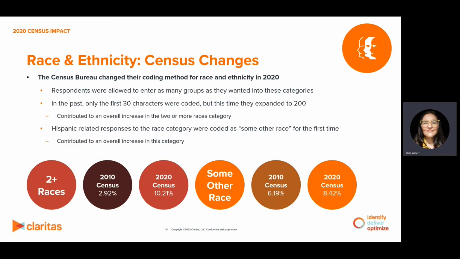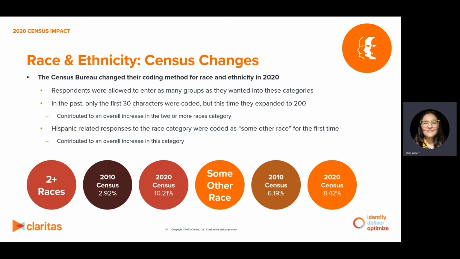So now let's talk about the race and ethnicity changes that the census implemented this year. They actually changed their coding method for race and ethnicity in 2020. Respondents were allowed to enter as many groups as they wanted into these categories, but in the past, only the first 30 characters were coded. But this time they expanded to 200 characters. So by doing this, it contributed to an overall increase in the 2 or more races category because they were coding more data.